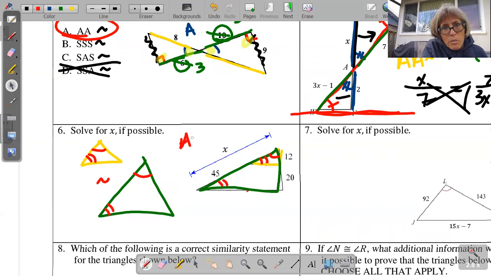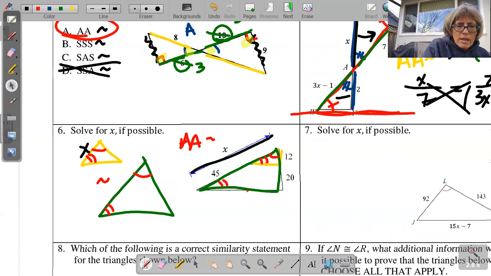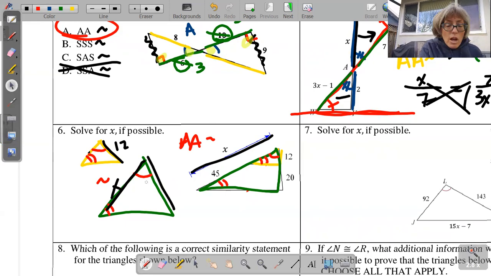So the triangles are similar by angle-angle similarity. This is x, and then over here, that's 12. Excuse me, that's not x there. X is the long one. This is x. And then this is not 12, it's 20, it's 32.